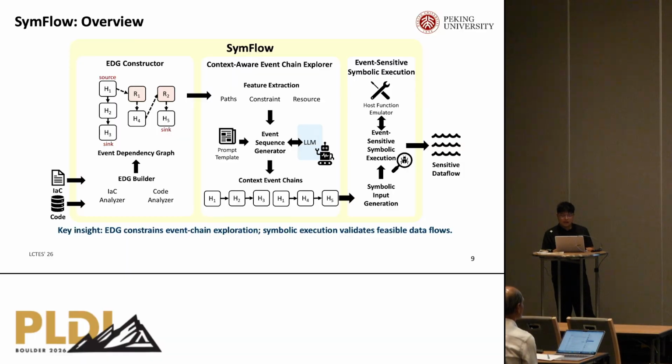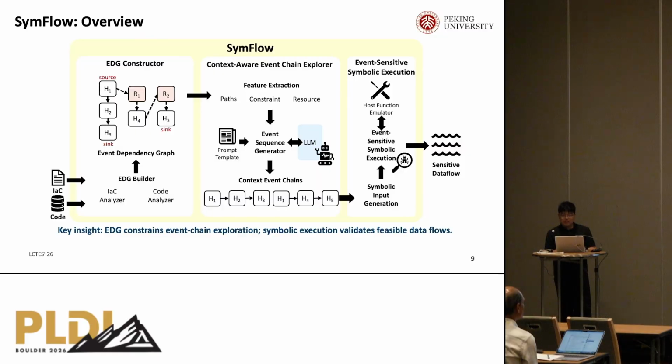The middle part is the context-aware event train explorer. It extracts paths, constraints, and resource features from the EDG, and then generates event sequences and corresponding inputs that are consistent with the serverless architecture. The right part is event-sensitive symbolic execution.